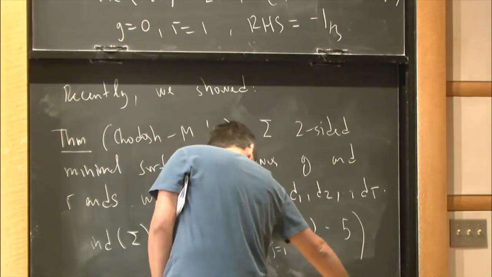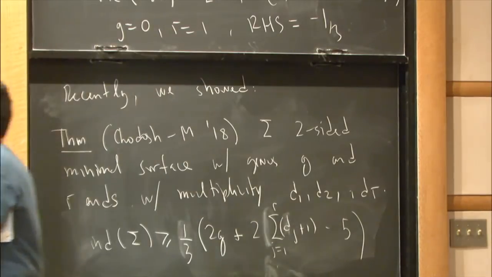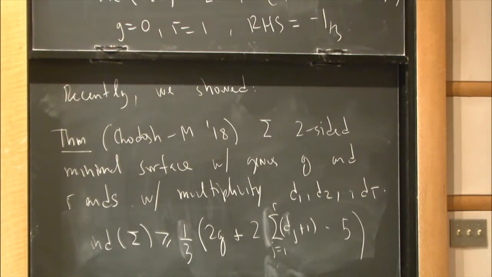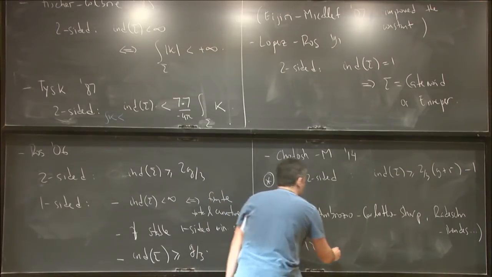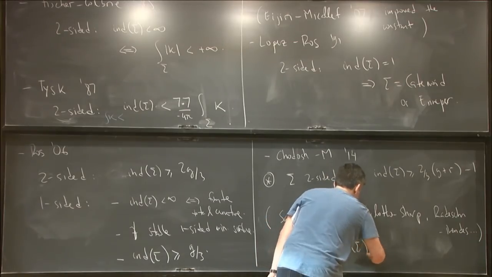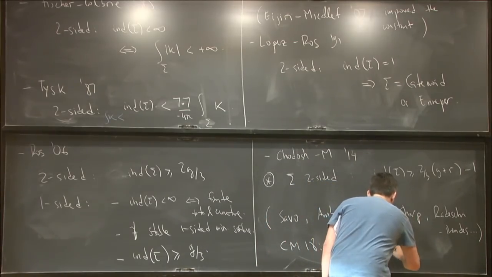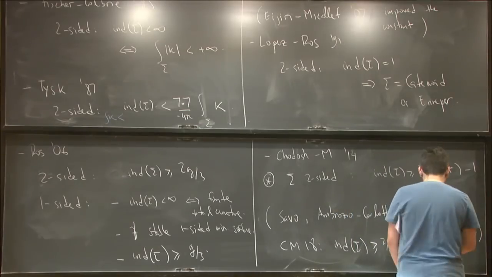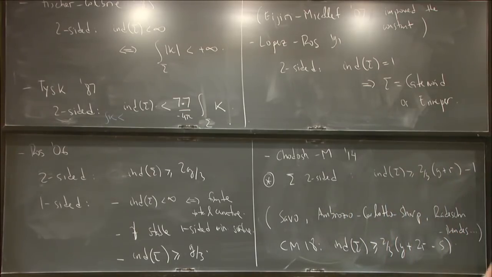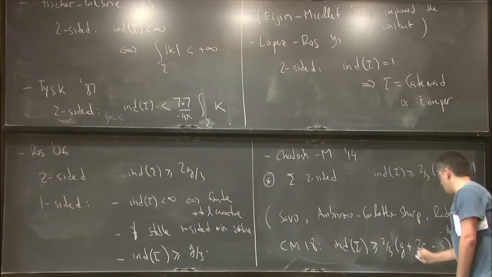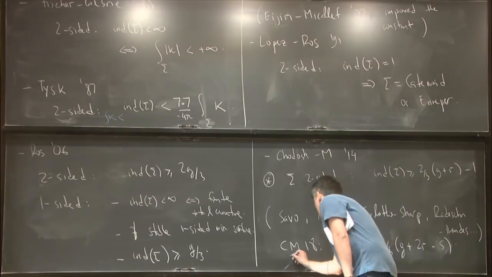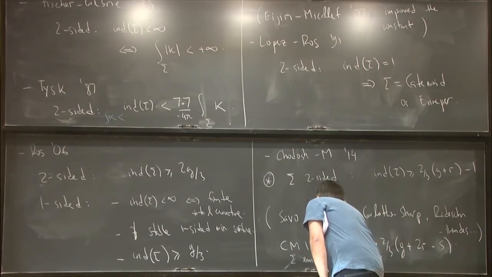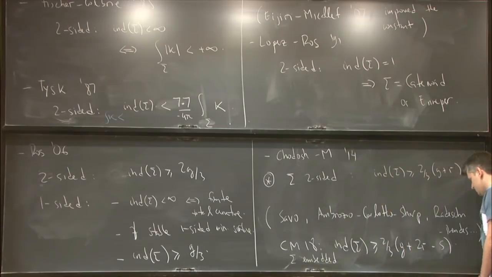I'm going to just write it in blue here. So in 18, we actually get that the index is greater than or equal to 2/3 g plus 2r minus 5, assuming sigma is embedded, or more generally, just assuming that sigma is an immersed surface with embedded ends.